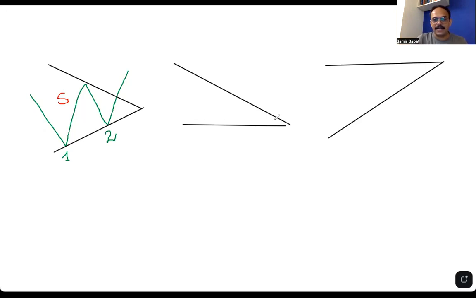This is a plain flat line. So let's say if I am taking a price action here, the price entered here, made a high, then went down, made a low, went up high, then went down low, and then there is a breakout. Let's say this is a descending triangle.